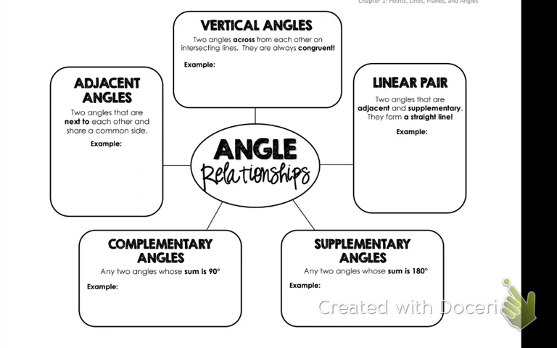They are two angles that are next to each other and share a common side. So an example of an adjacent angle would be, just picture two angles being pasted together. Adjacent just means pasted together. I think that's the easiest way to think about it.